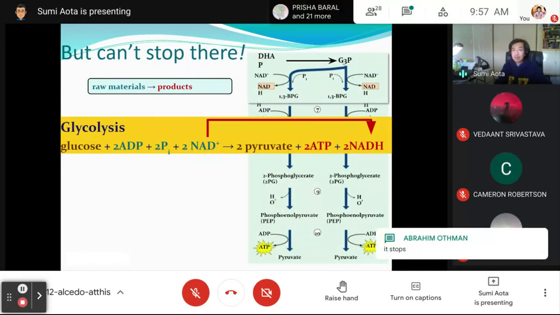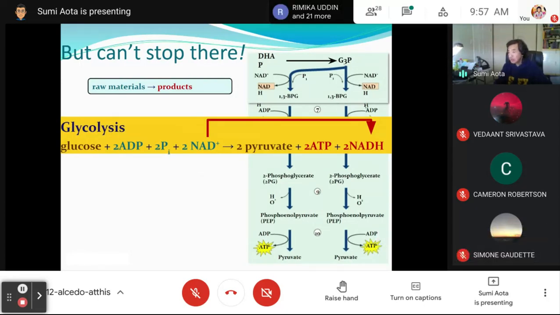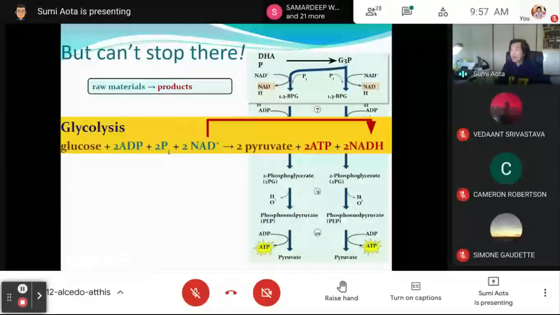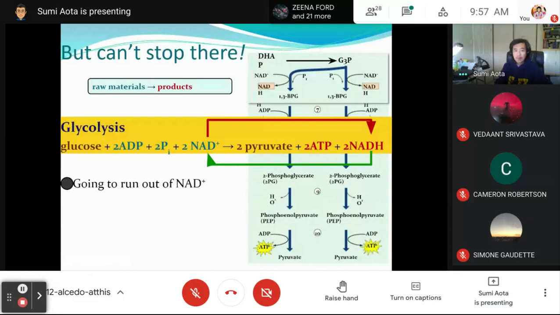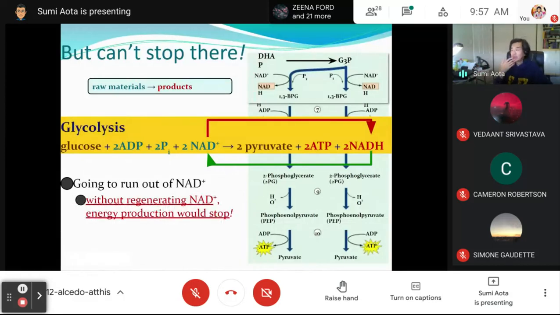This step, G3P going to BPG, can only occur if there's something to take electrons from G3P. So if there's no NAD plus, G3P cannot be oxidized, and the whole reaction stops. Eventually, if we don't do something, we're going to run out of NAD plus. Without regenerating NAD plus, energy production would stop.